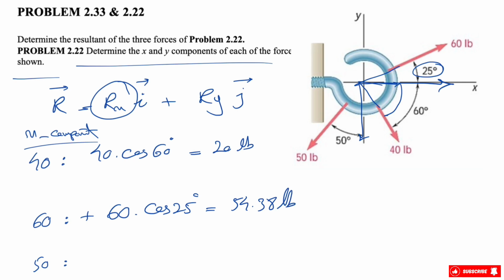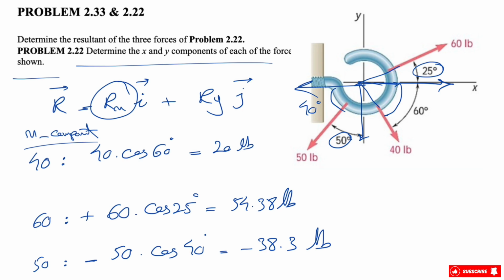And the last one is the 50 pound force, and as we can see, we have the angle with y-axis. This will be our angle with x, which is 40 degrees, 90 minus 50, and as I said, it is negative, so we have 50 times cosine of 40 degrees or sine of 50 degrees. And if you calculate this, we'll get minus 38.30 pounds.